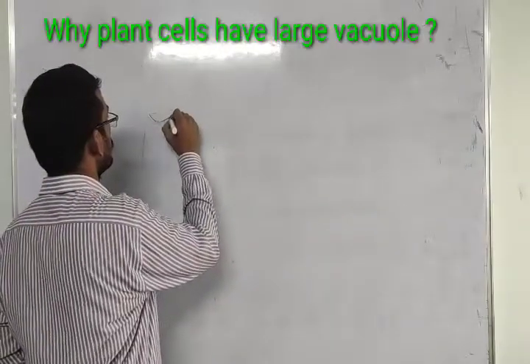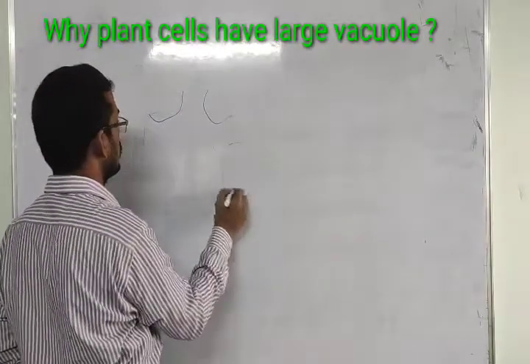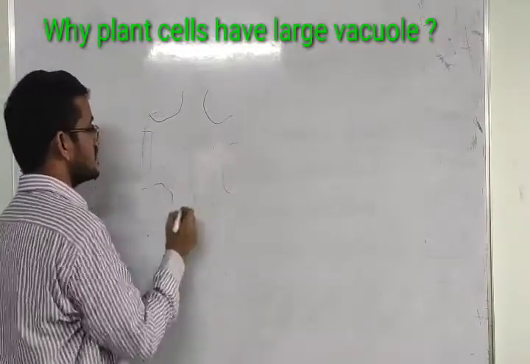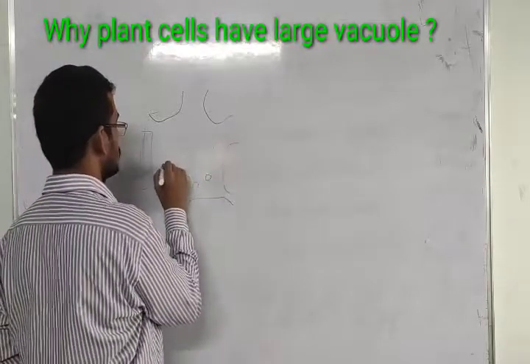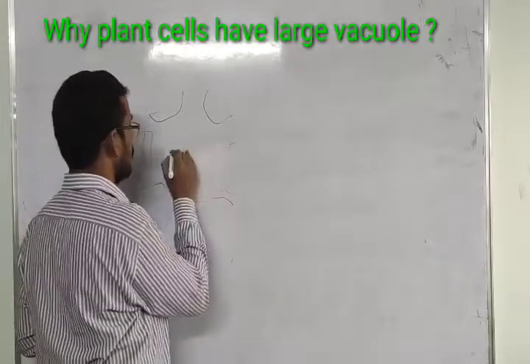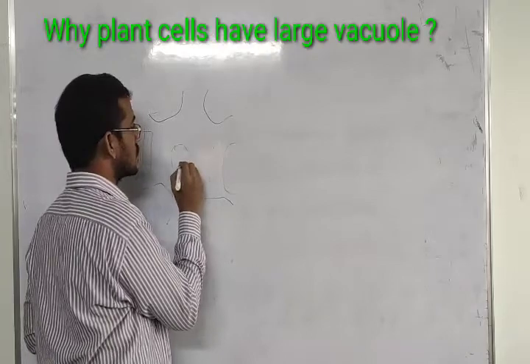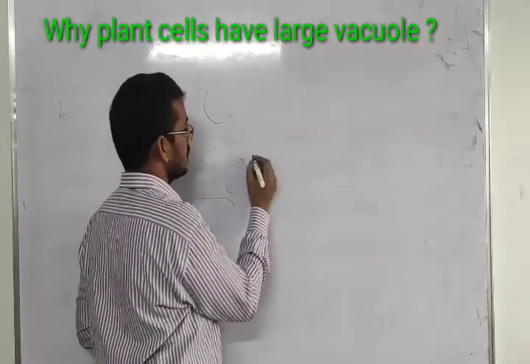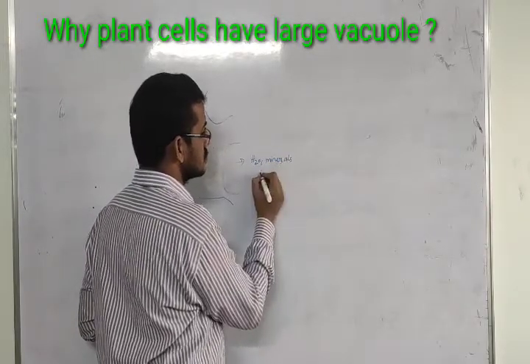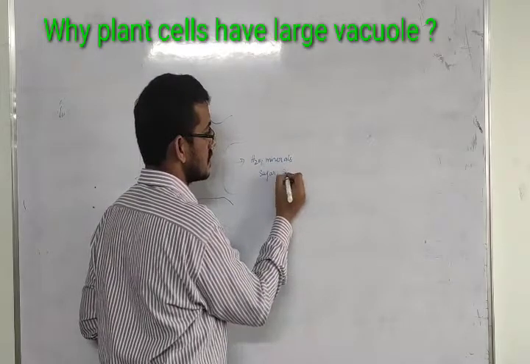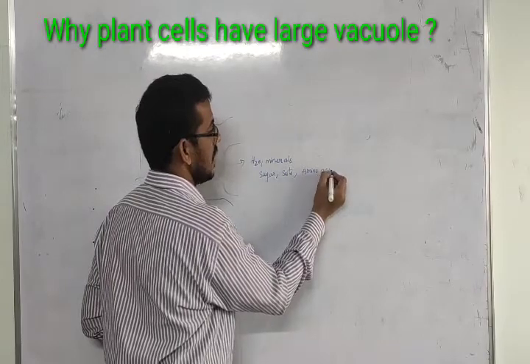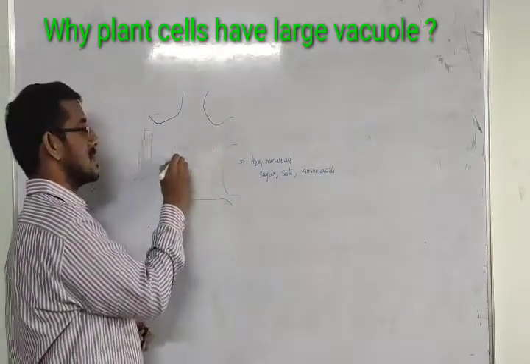This is a plant cell, you know very well. Understood? So in this plant cell there are many small vacuoles first. These small vacuoles fuse to form a bigger vacuole, and this vacuole will store the cell sap, liquid like water, minerals, some sugars, salts, and amino acids are present in this cell sap.